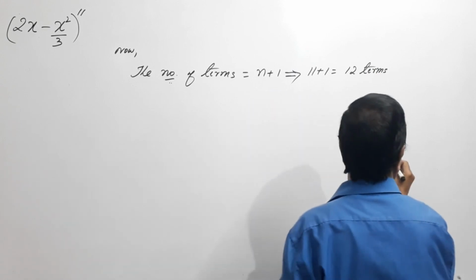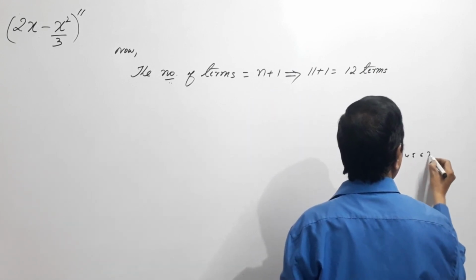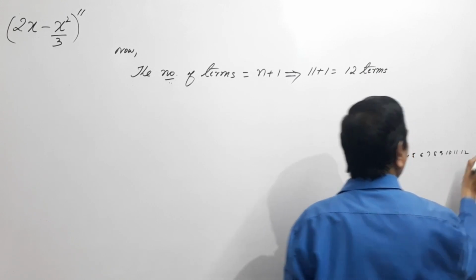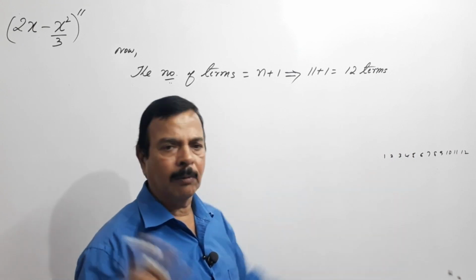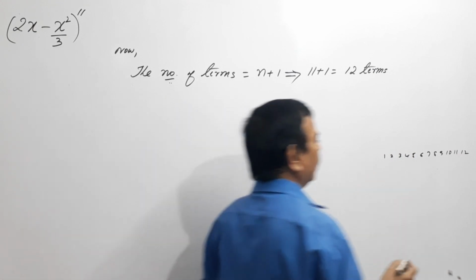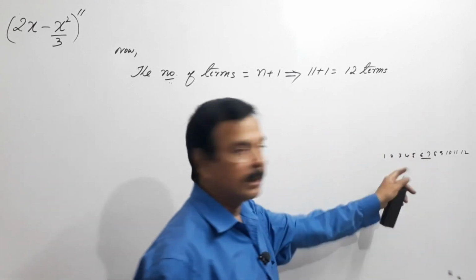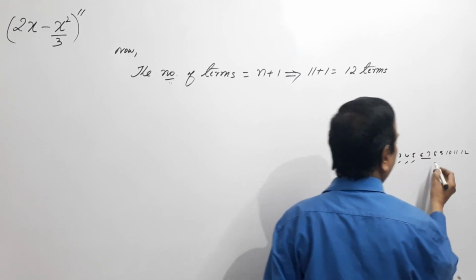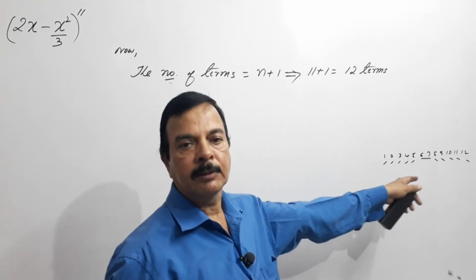So write 1, 2, 3, 4, 5, 6, 7, 8, 9, 10, 11, 12. You need not show this in the examination, but in the working column you can. I find there are two middle terms, 6 and 7. Count here 1, 2, 3, 4, 5, and here also 1, 2, 3, 4, 5. So the middle terms are 6 and 7.